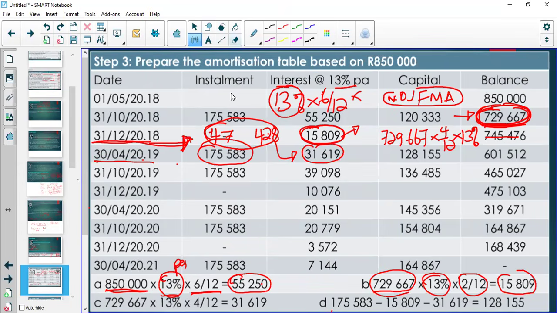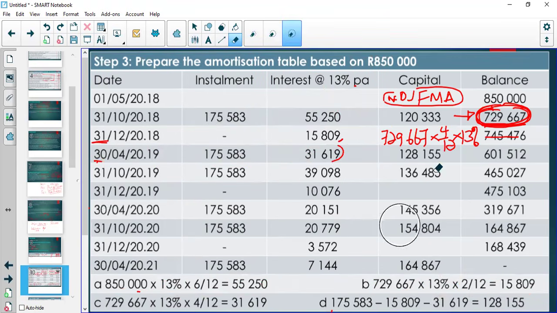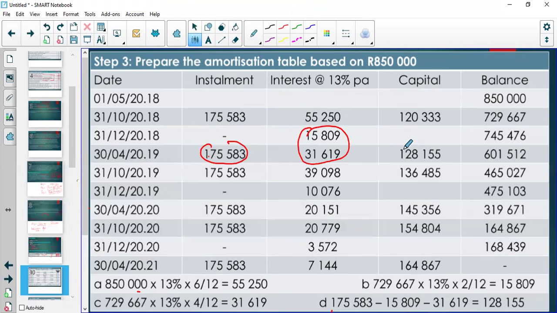Okay. So how do we now determine the balances? From that we pay 175, and these 2 amounts are the interest. And then the capital repayment is this amount, and this is the balance we have.